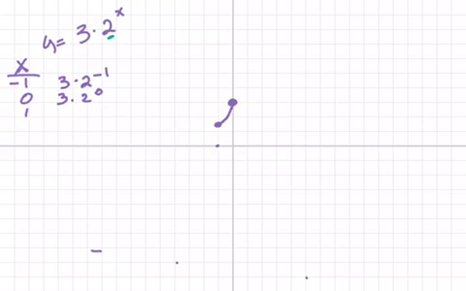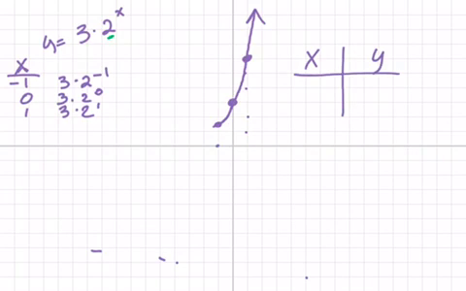When x is 1, it's going to be 3 times 2 to the 1 power, and that will just be 6. So when x equals 1, y is going to be 6. You see how that's going up really, really fast? So in order to do this, guys, just make an x, y table and solve for the different equations.